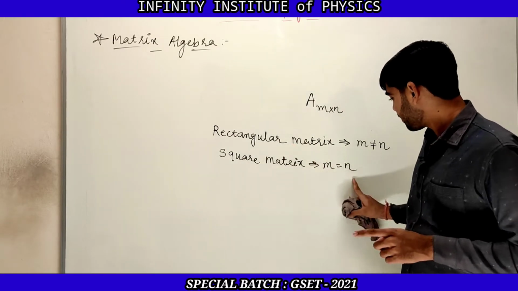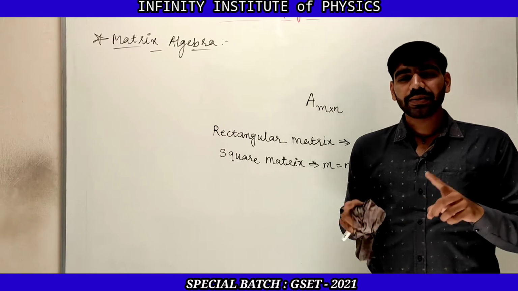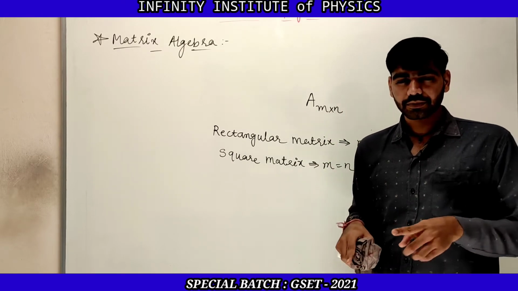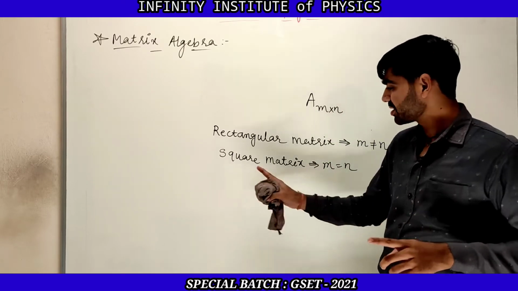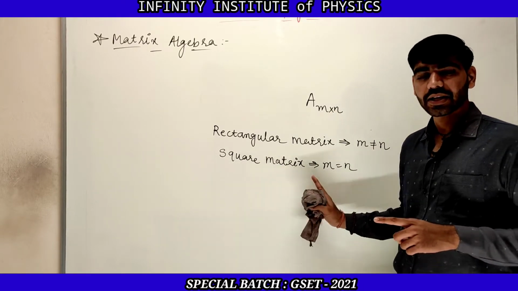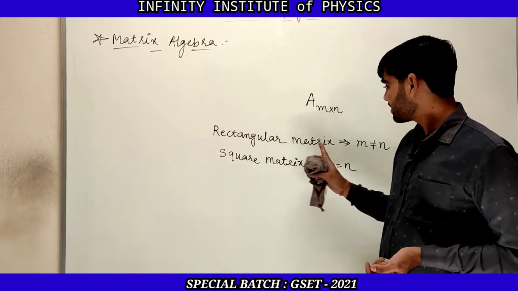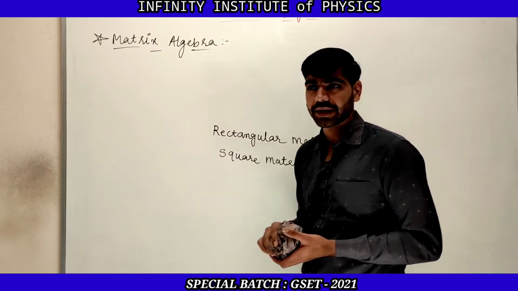And if we take the same number of rows and columns, then the matrix will be square in shape, so that's why we say it is a square matrix. So a square matrix means a matrix in which the number of rows and columns are equal, otherwise it is said to be a rectangular matrix.